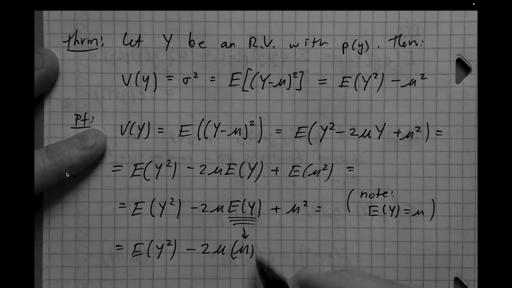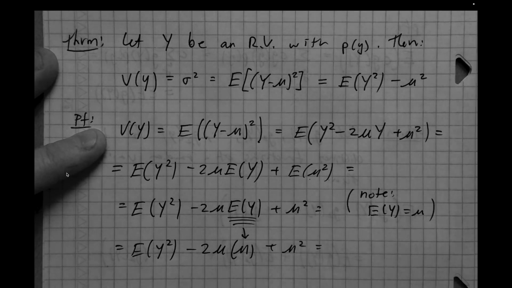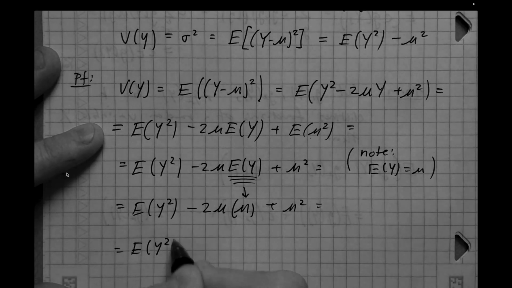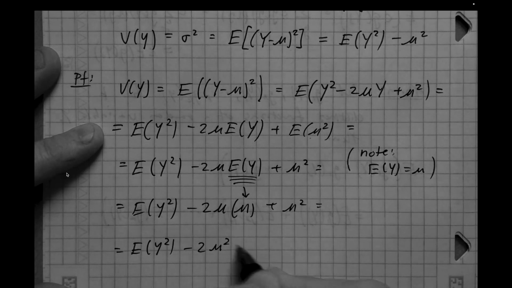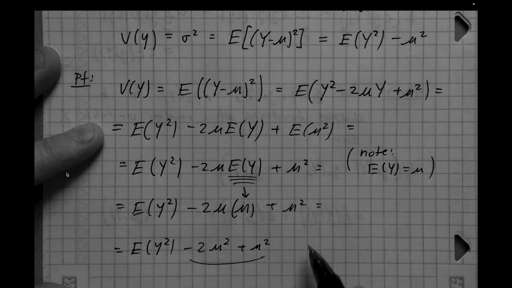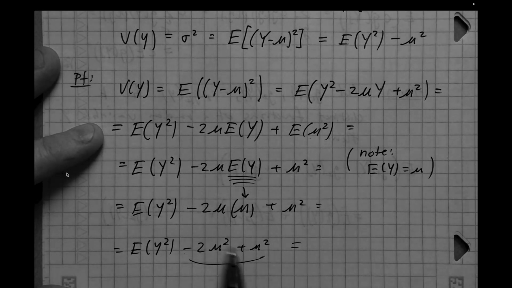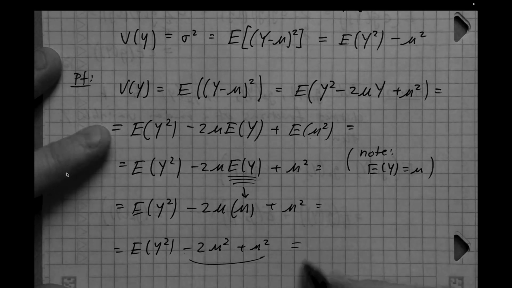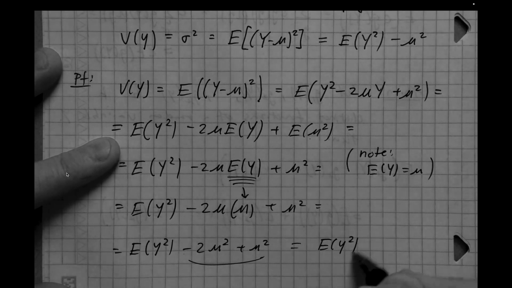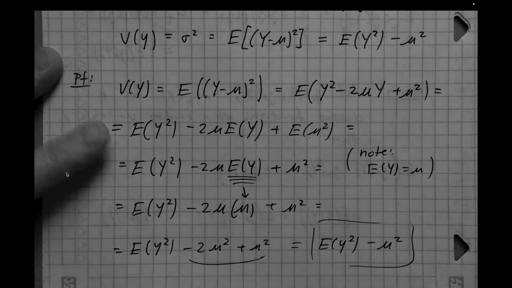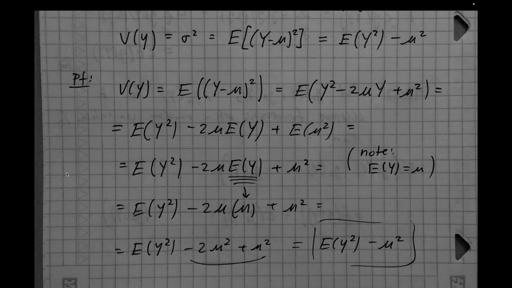That's this, and then plus mu squared. And so, of course, that's expected value of y squared minus 2 mu squared plus mu squared. And so these can be combined, and you get minus 1 mu squared, right? I got 2 minus 1. So this is the expected value of y squared minus mu squared. That is what we're after.